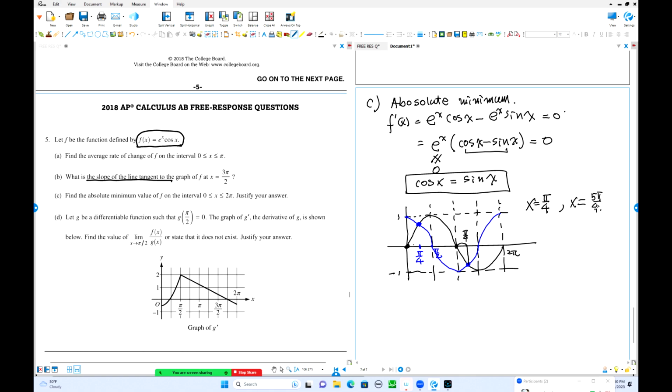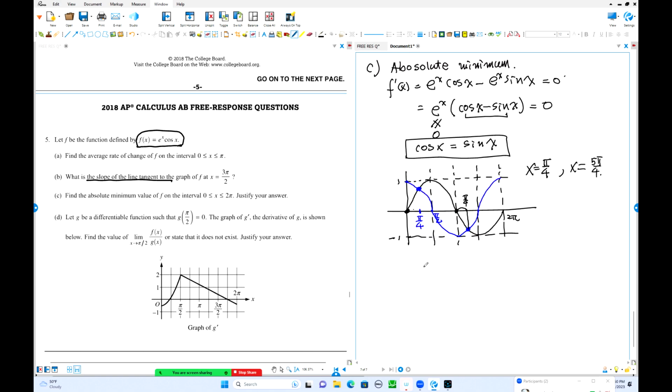So which point has the absolute minimum? Now check it out. F prime x is 0 at pi over 4 and at 5 pi over 4. We can take cosine x minus sine x. Before pi over 4, cosine x is higher, so that is positive.